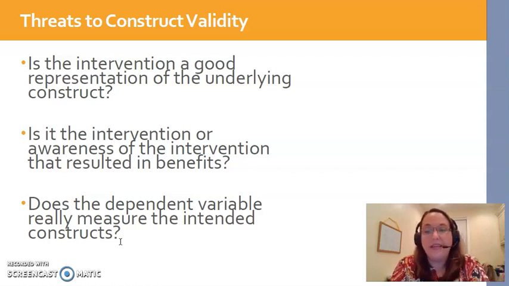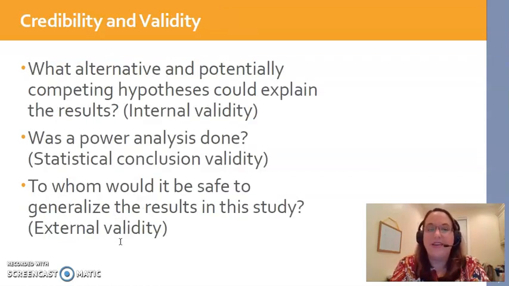Okay, so we need to think about all these things when we're critiquing a study. Some other questions you can ask yourself. For internal validity, did the independent variable cause changes in the dependent variable? Are there other possible confounding variables that could explain the results of this study? You should ask yourself that when you're reading it. Sometimes an outsider can easily see holes in a study that the researchers might not have seen.